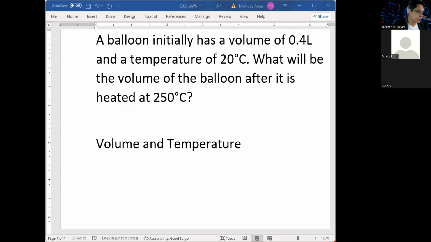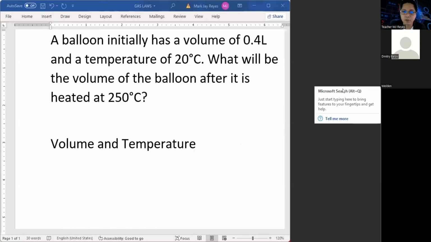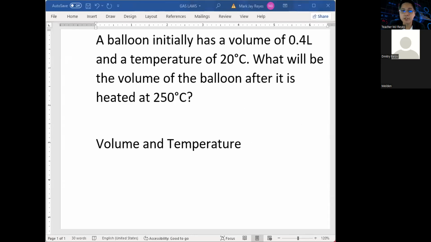After you identify what is being asked or what concept is involved, what should be done next? You already identified that this problem is about Charles' law, which is true, because Charles' law is concerned with the relationship between volume and temperature.